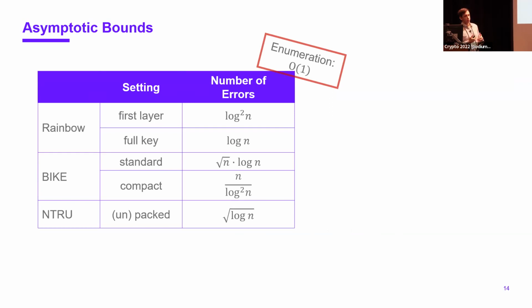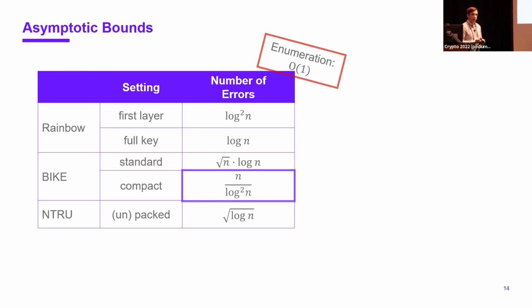So the complexity is n choose the number of errors, which is only polynomial for a constant amount of errors. And we see that all attacks basically allow for more errors to be recovered. And maybe most interestingly, in the BIKE case, the compact model actually allows us to recover more errors than the standard setting. We will see in a second why this is the case.